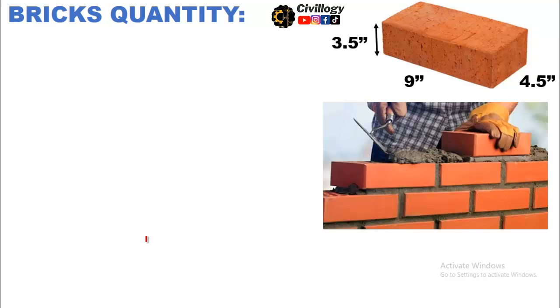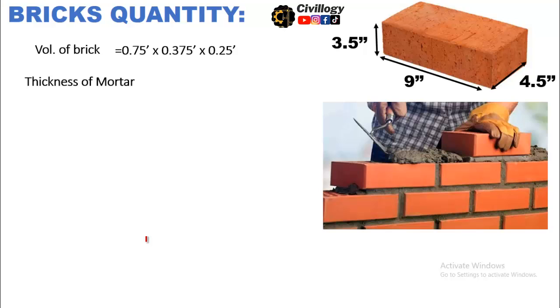The brick dimensions are very important to know, and the dimensions are 0.75 feet times 0.375 feet times 0.25 feet. It is very pertinent to mention over here that the thickness of mortar should be added, and the normal thickness of the mortar kept is 1 centimeter, which is equal to 0.033 feet. And the volume of a brick plus mortar: as we can see over here, the mortar is applied on all three sides of the brick, so this thickness will be added in all three dimensions of the brick.